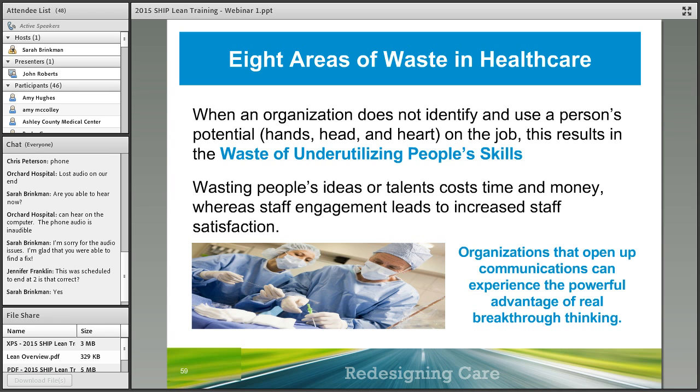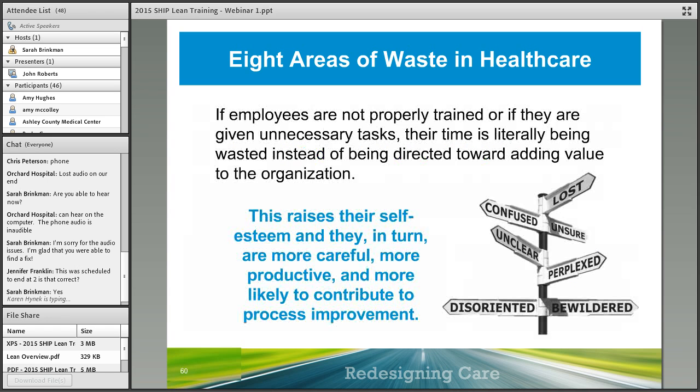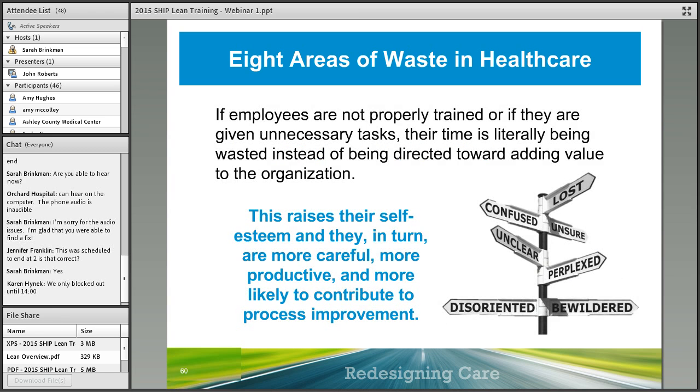For instance, we know that nurses spend a lot of their time with paperwork. And so if we can reduce that, it gives them more time to utilize their talents where they're needed, and that's at the bedside. And so, again, that's an example of looking at how we can put people in the best position to utilize their skills and training.